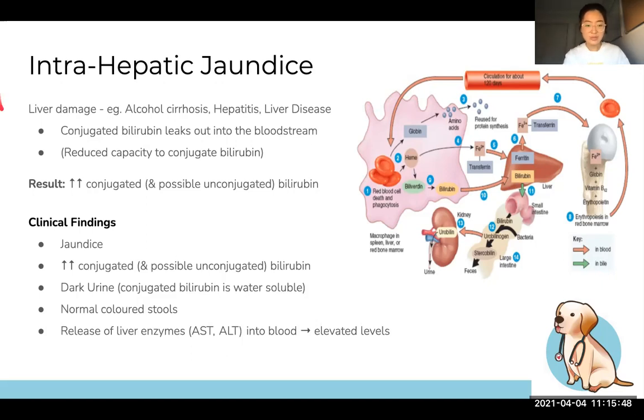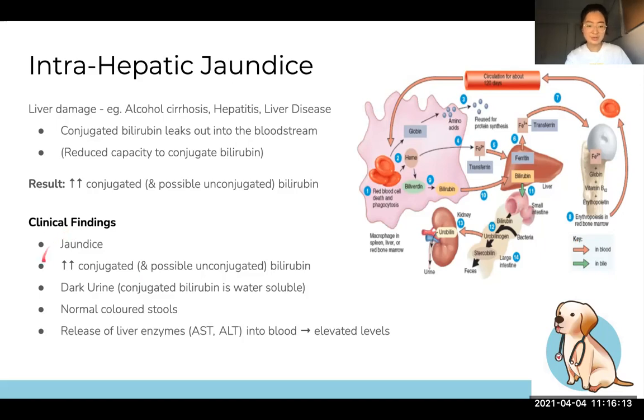So as a result, you will have an increase in conjugated bilirubin. Unconjugated, maybe not, really depends. If you have really, really bad liver cirrhosis, you won't actually have enough hepatocytes being able to conjugate the bilirubin, so you might get an increase in the unconjugated as well. But generally speaking, there will be an increase in conjugated bilirubin as a result of intrahepatic jaundice.